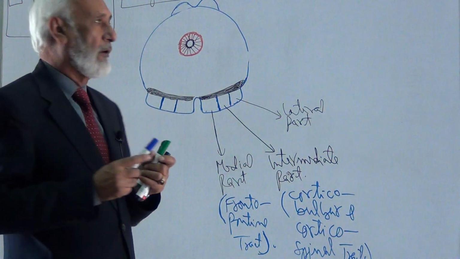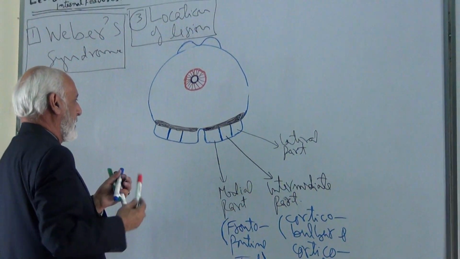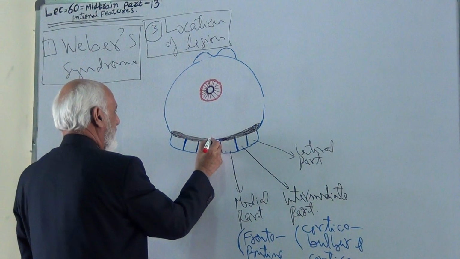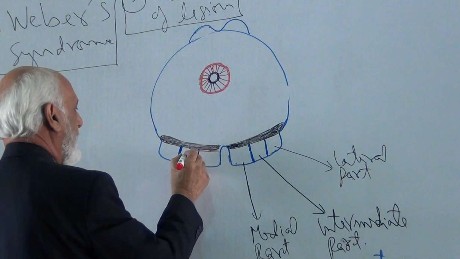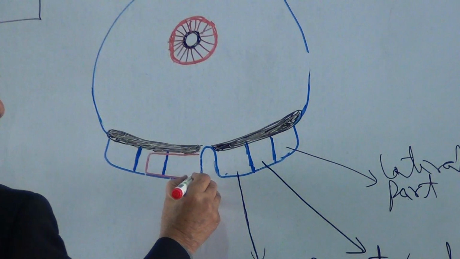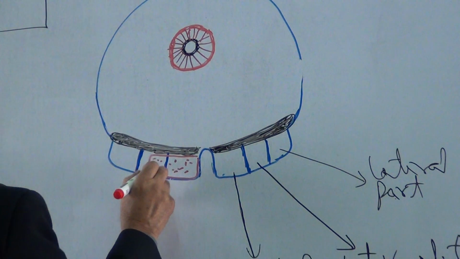Now, what is the location of the lesion? It involves the medial part and adjoining portion of the intermediate part of the crus cerebri.